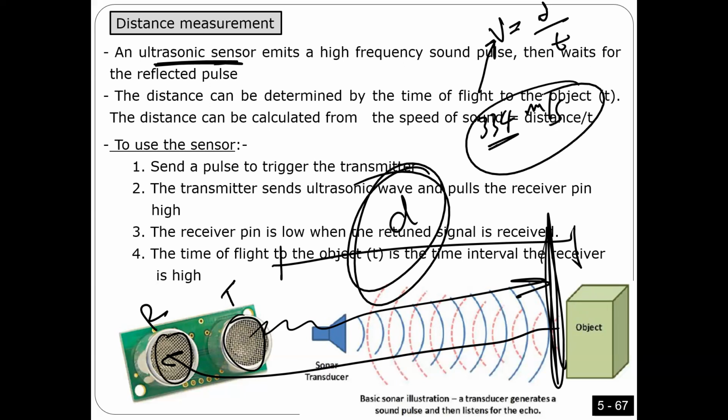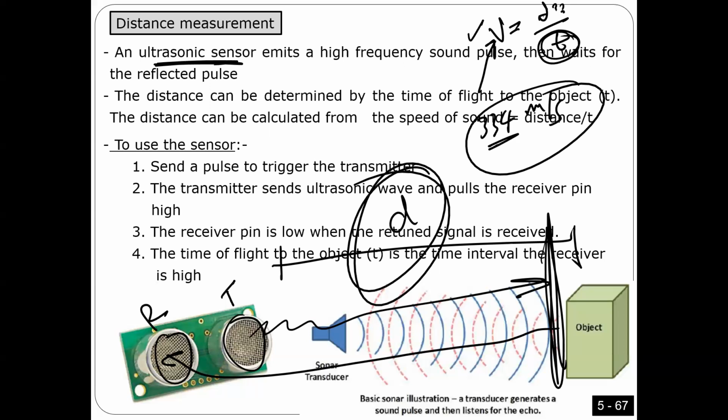So this is the velocity of the sound signal. Now I want to measure the distance, so the distance is unknown. I know the velocity, so I need to calculate the time.